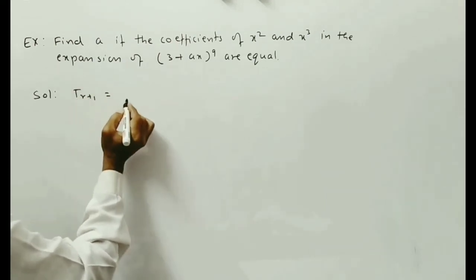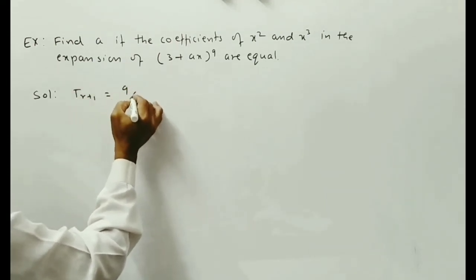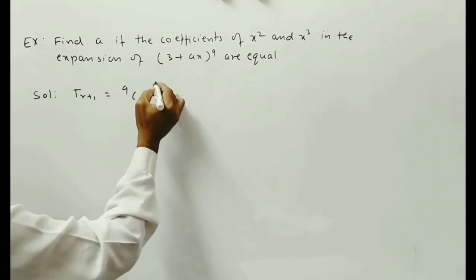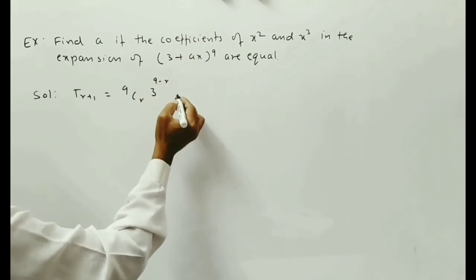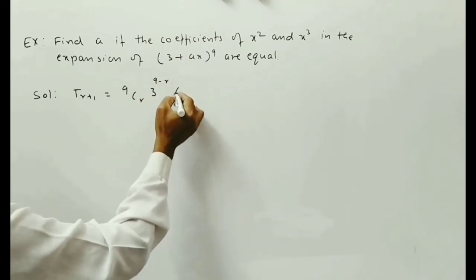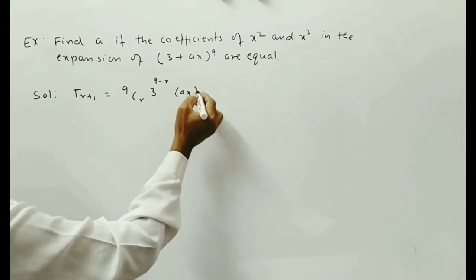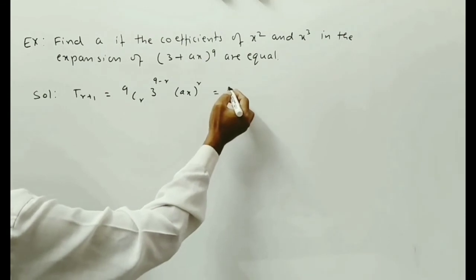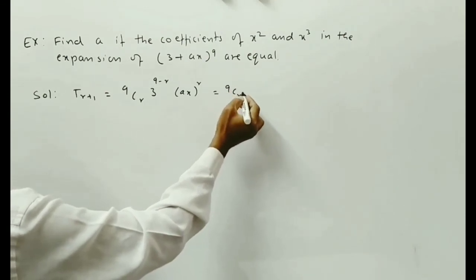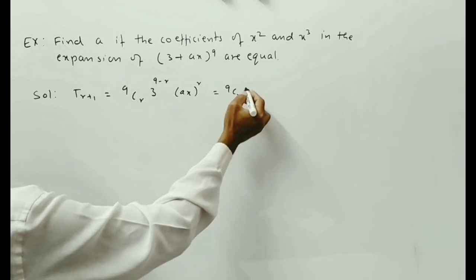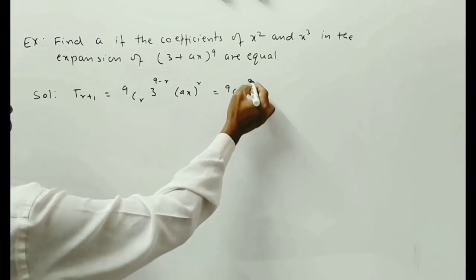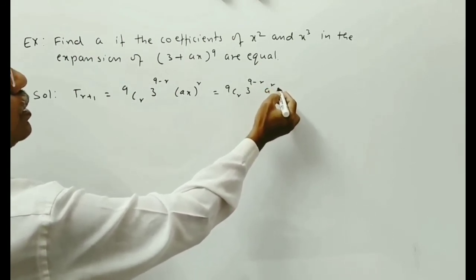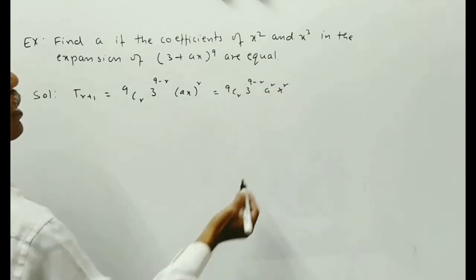T(r+1) is equal to 9Cr into 3 raised to the power 9 minus r into (ax) whole raised to the power r, which is equal to 9Cr into 3 raised to the power 9 minus r into a raised to the power r into x raised to the power r.